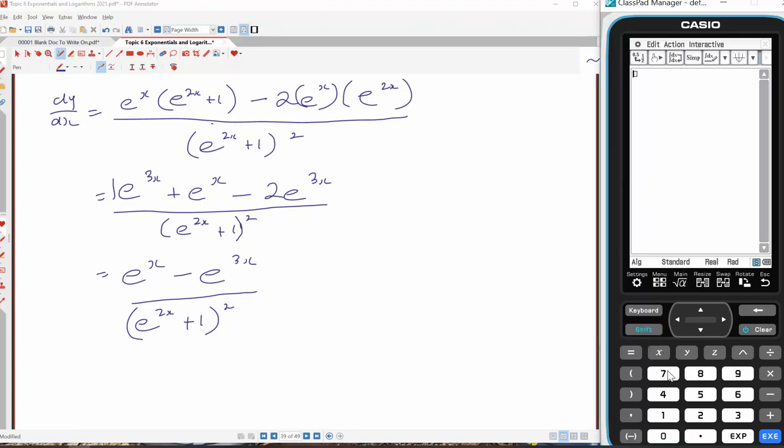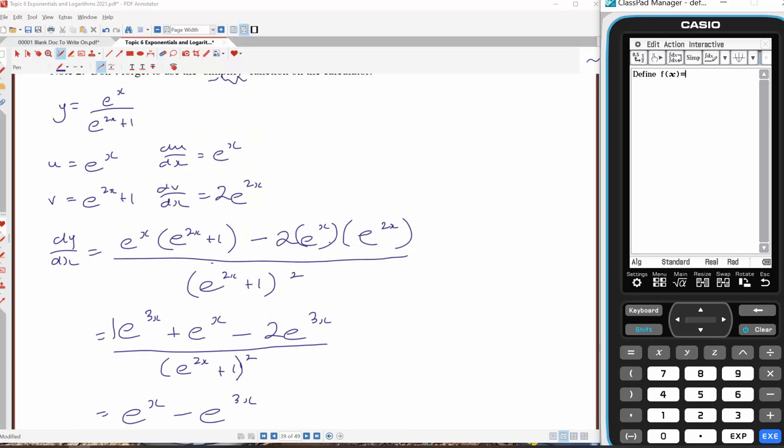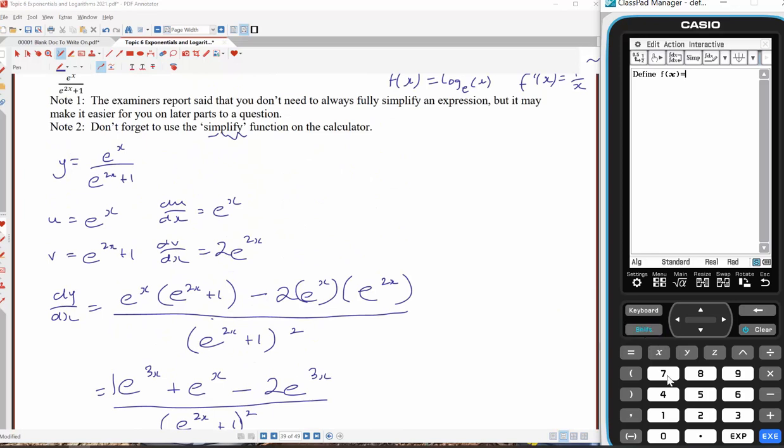So shift 7 for define f of x equals. Now we've got, what was the function? e to the x, shift 4 over, brackets shift e to the 2x plus 1, close your brackets.